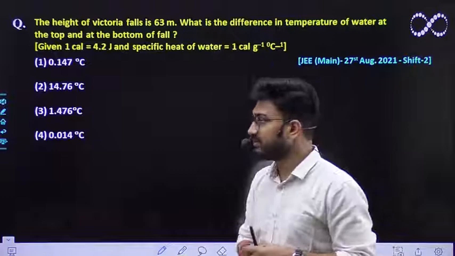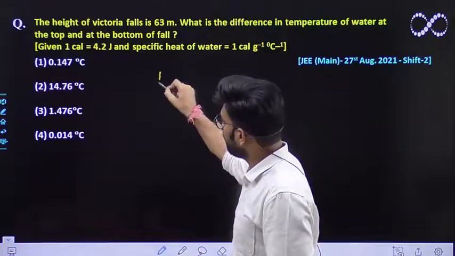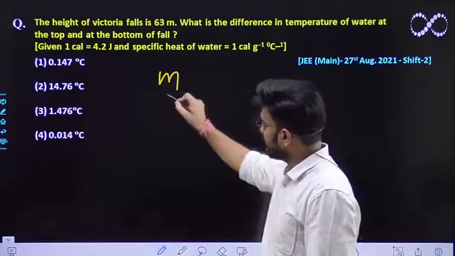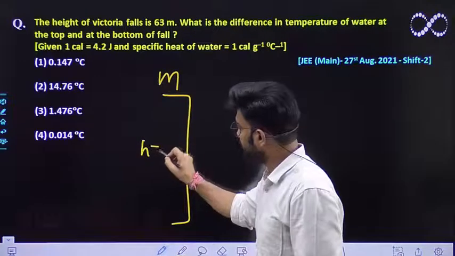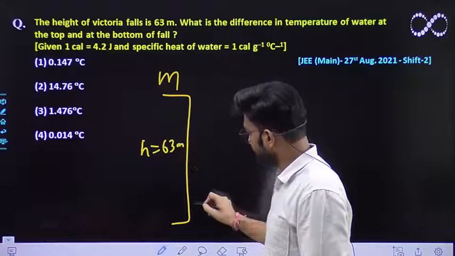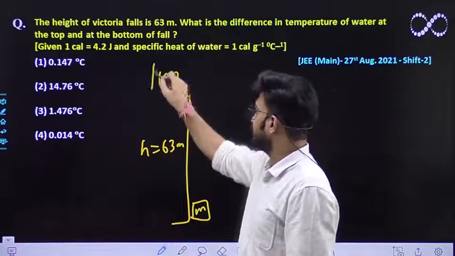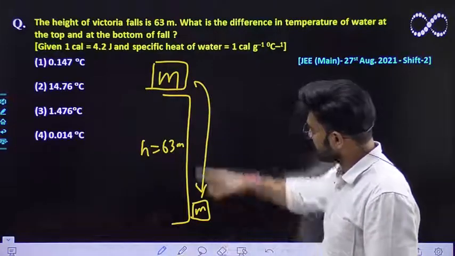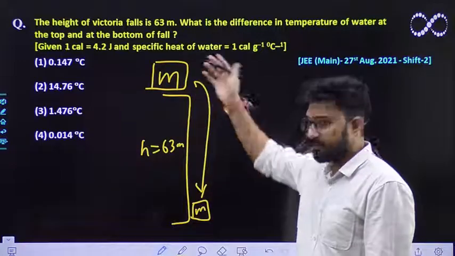So what we can do is, suppose m mass of water is falling down, and it is falling from the height of 63 meter. It will fall down over here. So this is the mass which has been falling from the Victoria Fall. Just like this, this entire potential energy will be converted into heat gain by this mass.